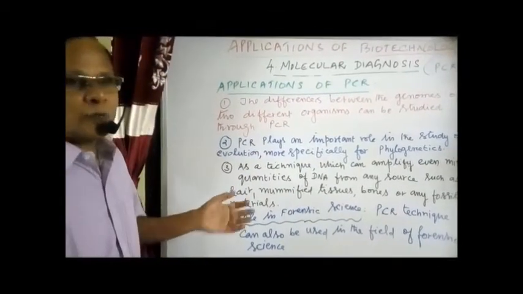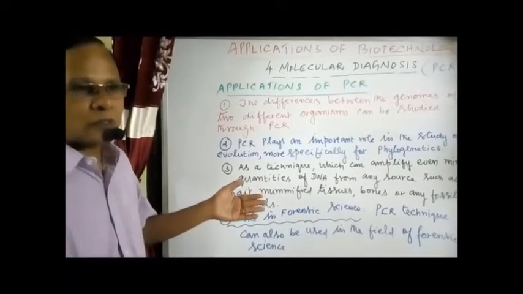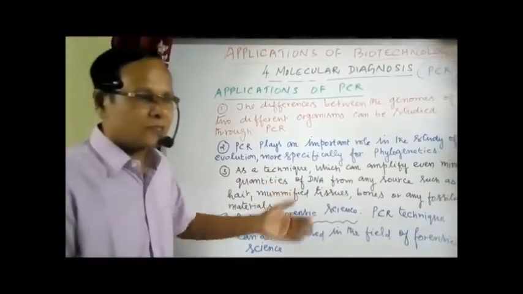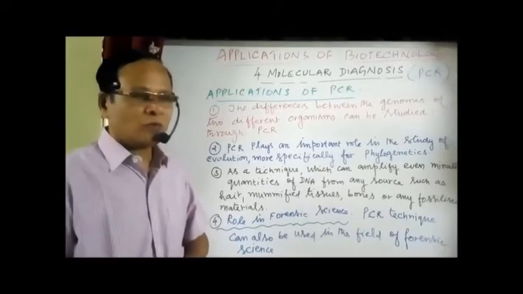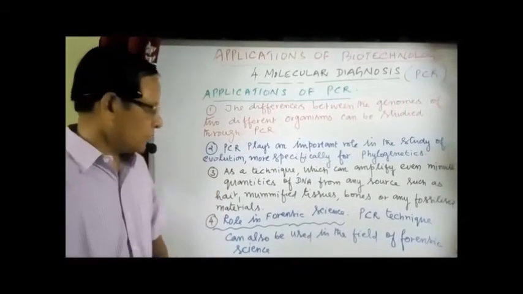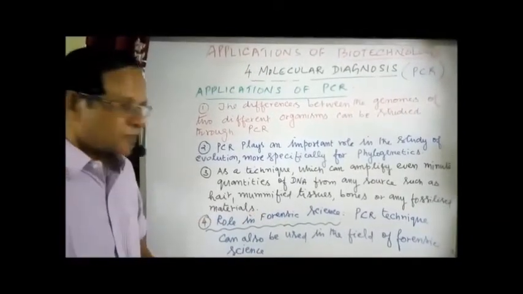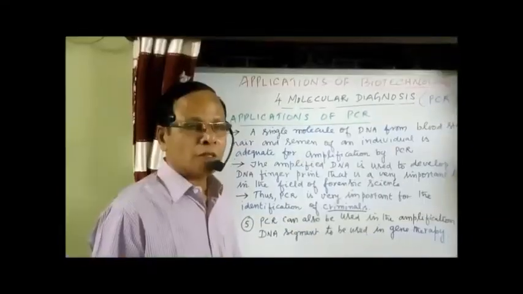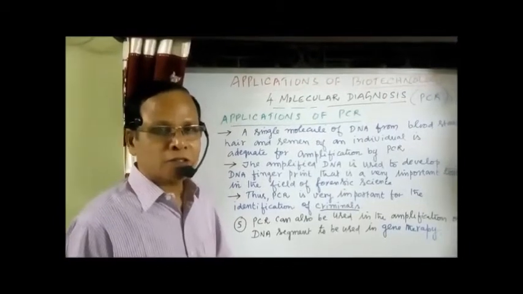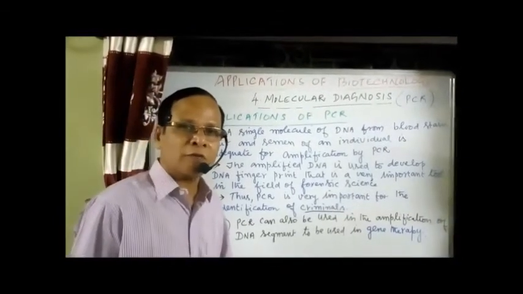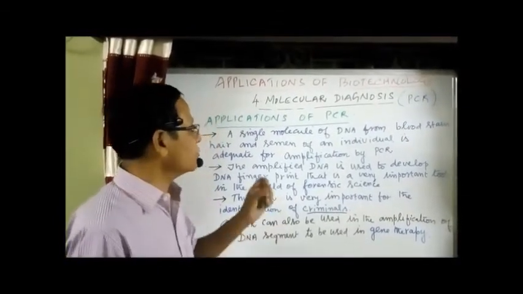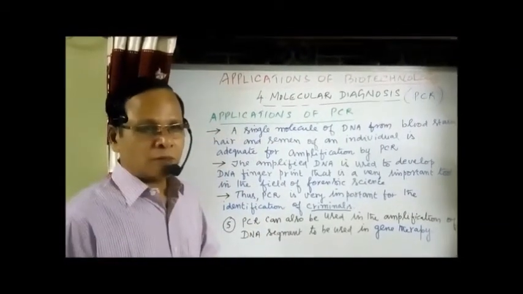Then what is the role of PCR? PCR plays an important role in forensic science, particularly in making DNA fingerprints. So PCR technique can also be used in the field of forensic science. I will explain now. In forensic science, DNA amplification can be performed by PCR.